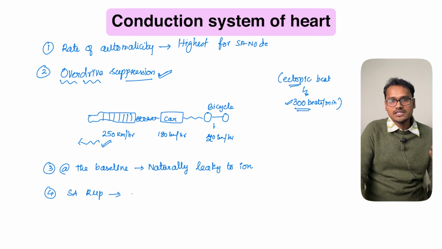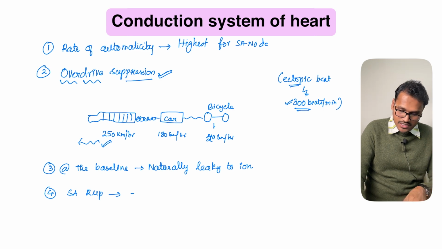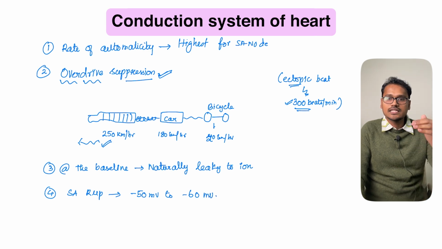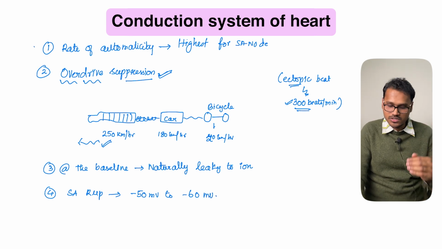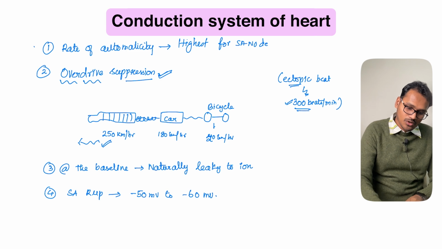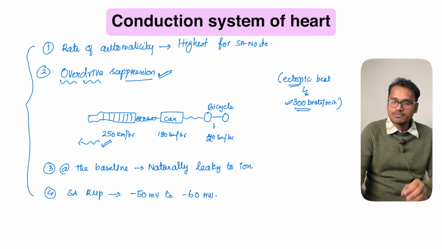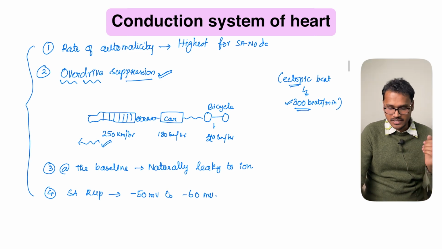For a ventricular muscle, it is around -90, whereas in the case of the SA node, it is around -50 millivolt to -60 millivolt. So it is already in a better position, closer to positivity. All these characteristics make the SA node the dominant pacemaker.